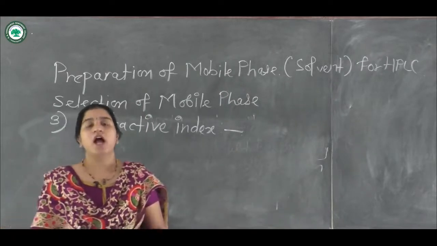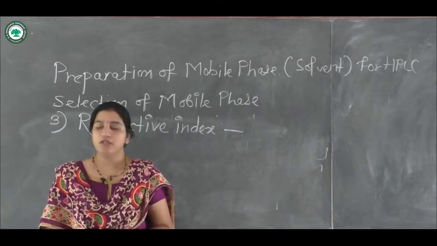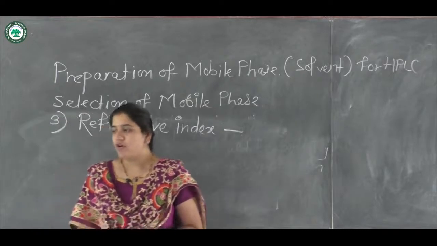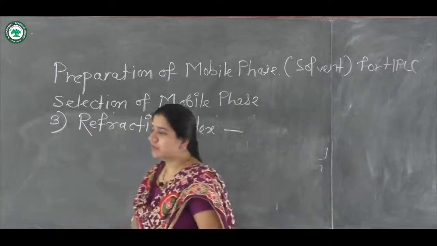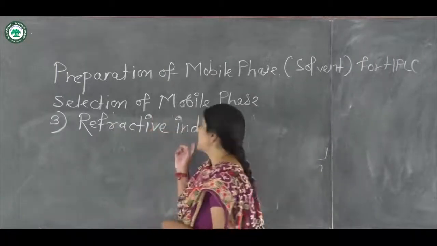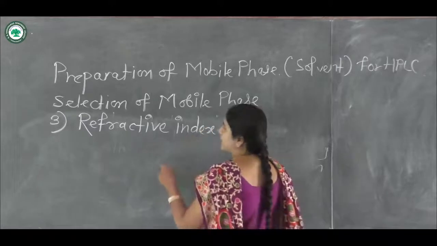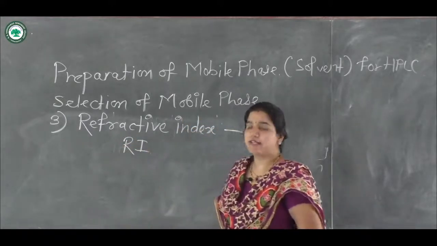There should be an appreciable difference between the refractive index of your sample and the refractive index of the solvent. So in case of refractive index, you have to consider this point whenever you are dealing with the RI detector.